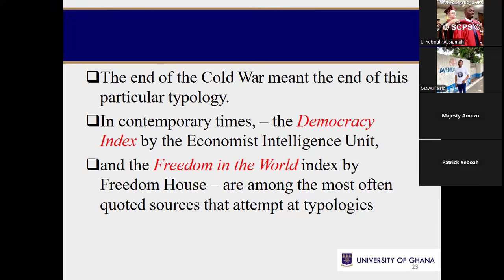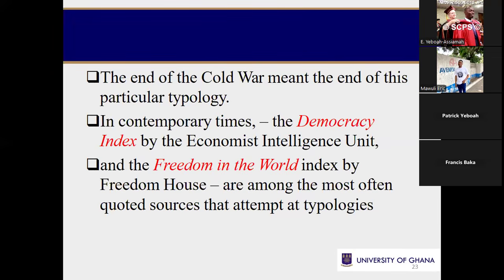In contemporary times, we are also going to compare. We are going to use data sets to compare. We have what we call the Democracy Index. This is a data set that has been collected by the EIU, Economist Intelligence Unit. We will use that to compare states, whether or not they are democracies.